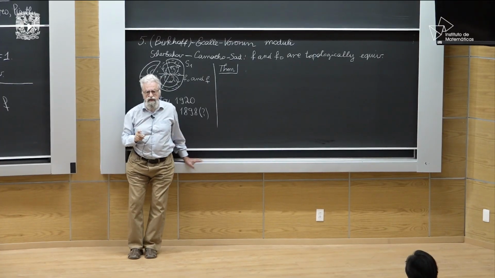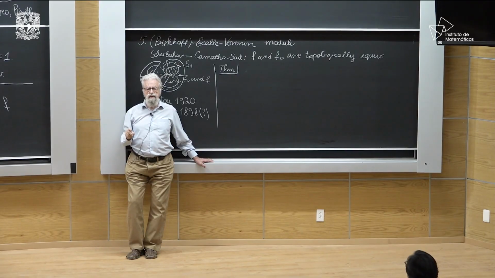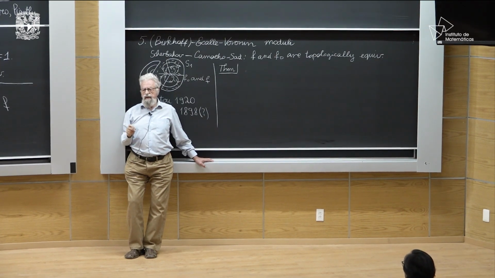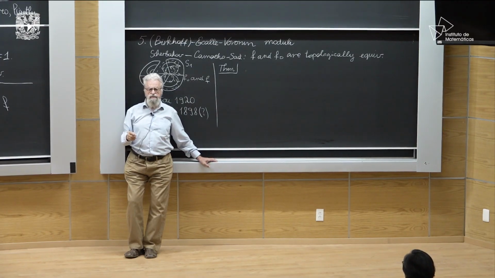Let me make a step back. A dream was that there was an analytic map in the whole neighborhood of 0 that conjugates F and F0. And this dream failed. But something of this dream remains valid.